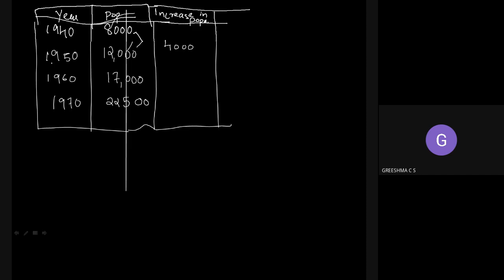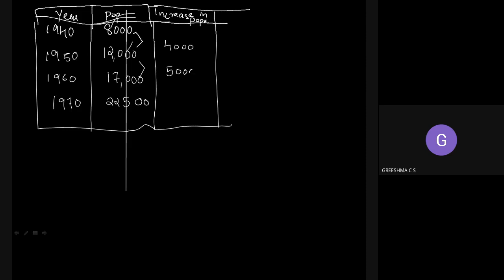Now what is the population increase of 1960 with respect to 1950? That is 17,000 minus 12,000, which is 5,000.